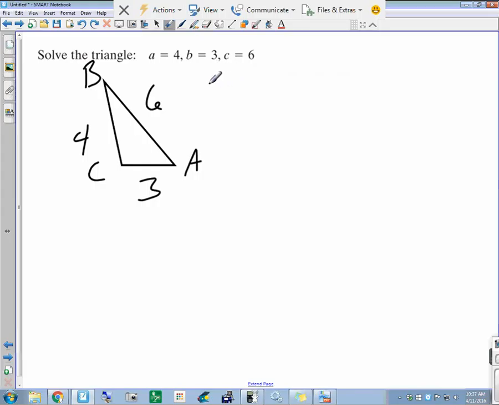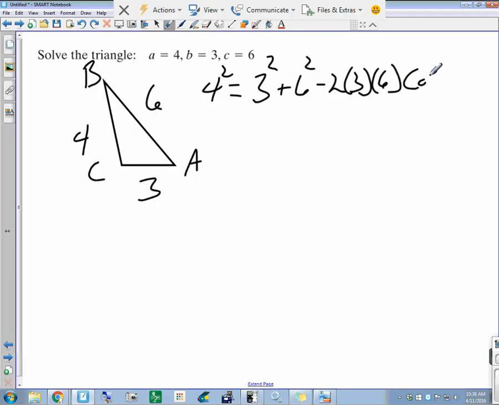So you want 4 squared is going to be equal to 3 squared plus 6 squared minus 2 times 3 times 6 cosine A. A lot of times I always want to just plug the stuff in like I've said a bazillion times to you guys.